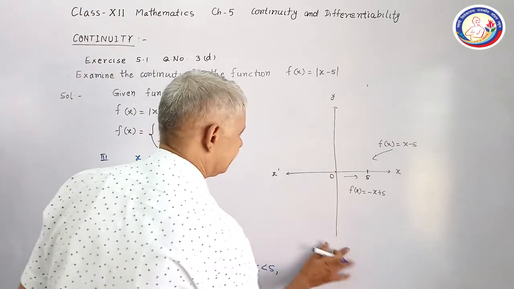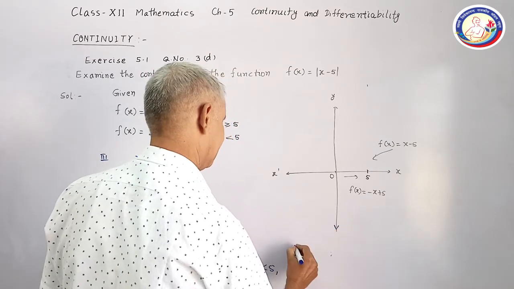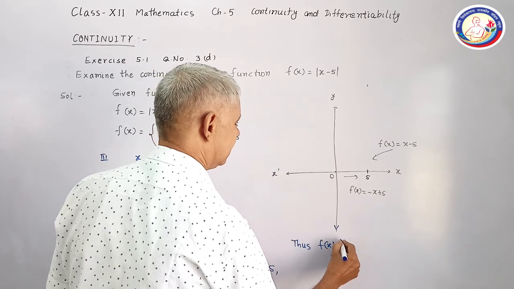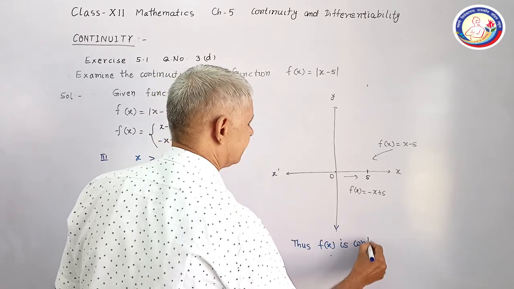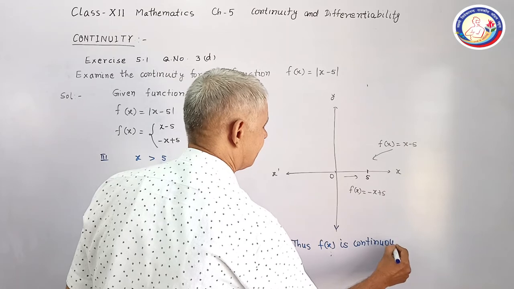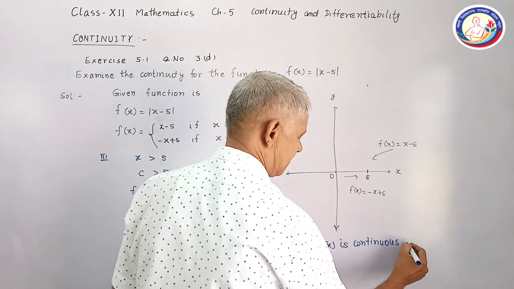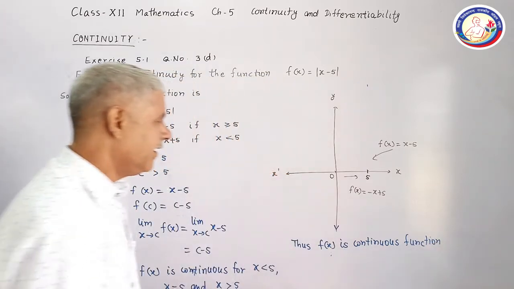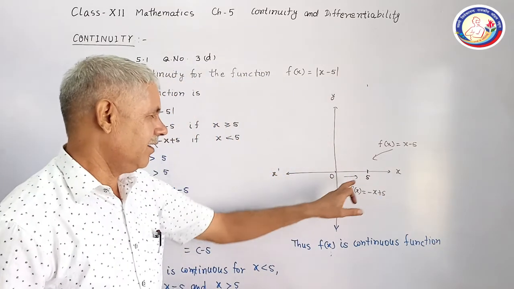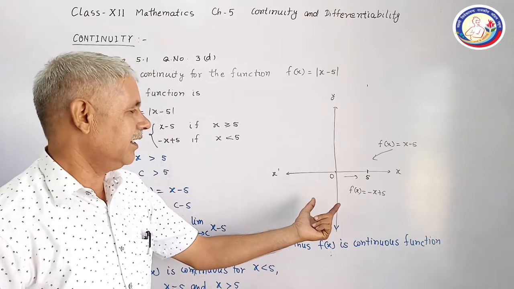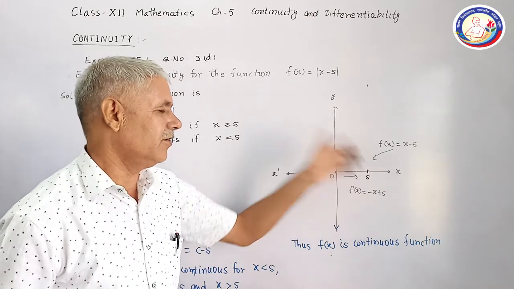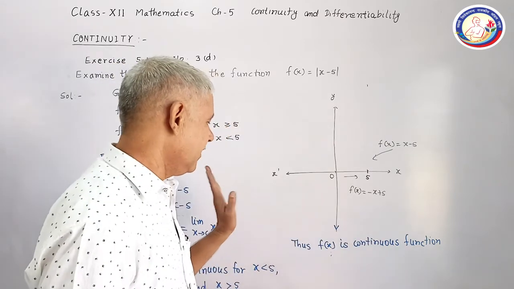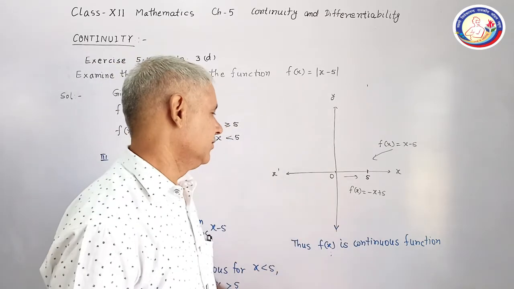Thus, fx is a continuous function. If there is any point where the function is not continuous, then we say that this is a point of discontinuity. Here we find no point of discontinuity, or the function is always continuous.